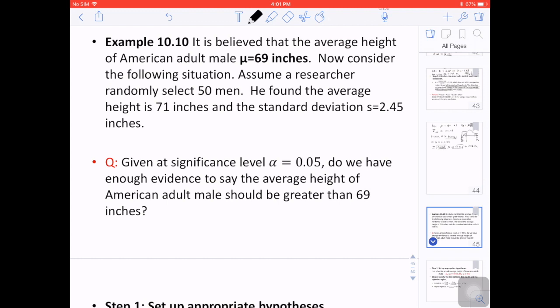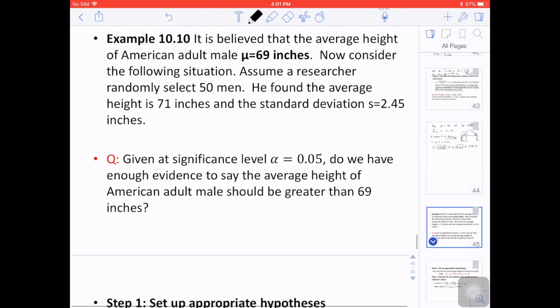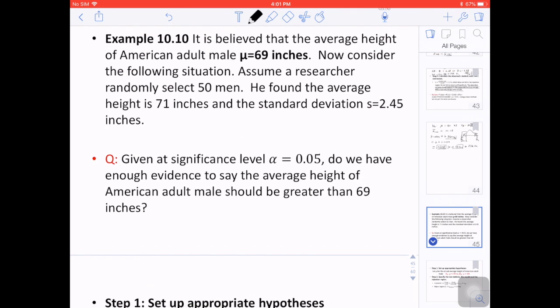Okay, time's up. In this problem, we're interested in the average height of American adult males. It is believed that this mu should be equal to 69. So this is our claim.